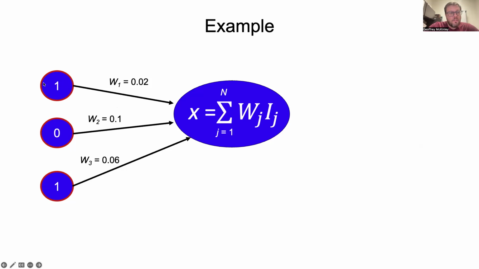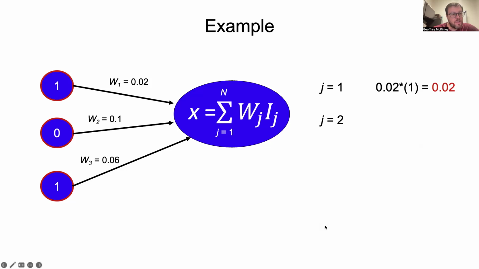Here the first neuron has an activation of 1, so j equals 1. If j equals 1, that means it's the first input unit. What we do is multiply that activation, which is 1, by the weight, which is 0.02. That gives us an activation of 0.02. So that means that 0.02 activation got sent to this neuron by that neuron.